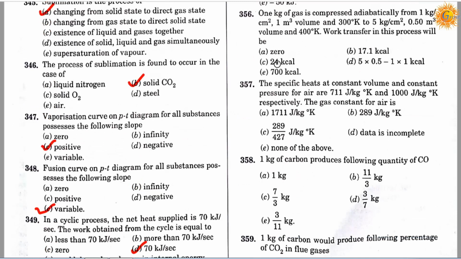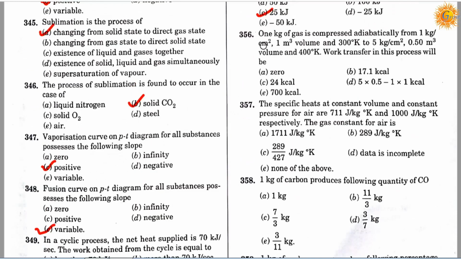Question number 356. 1 kg of gas is compressed adiabatically from 1 kg per centimeter square and 1 meter cube of volume and 300 degree Kelvin to 5 kg per centimeter square, 0.50 meter cube volume and 400 degree Kelvin.